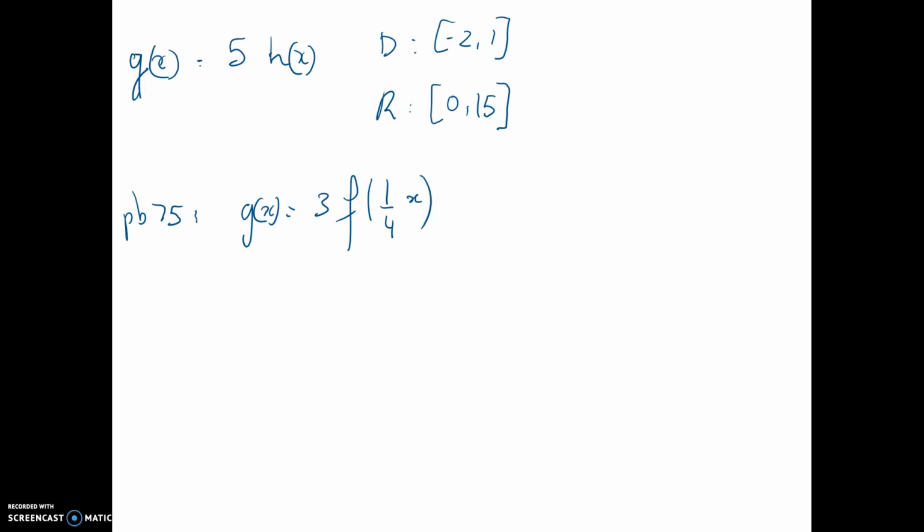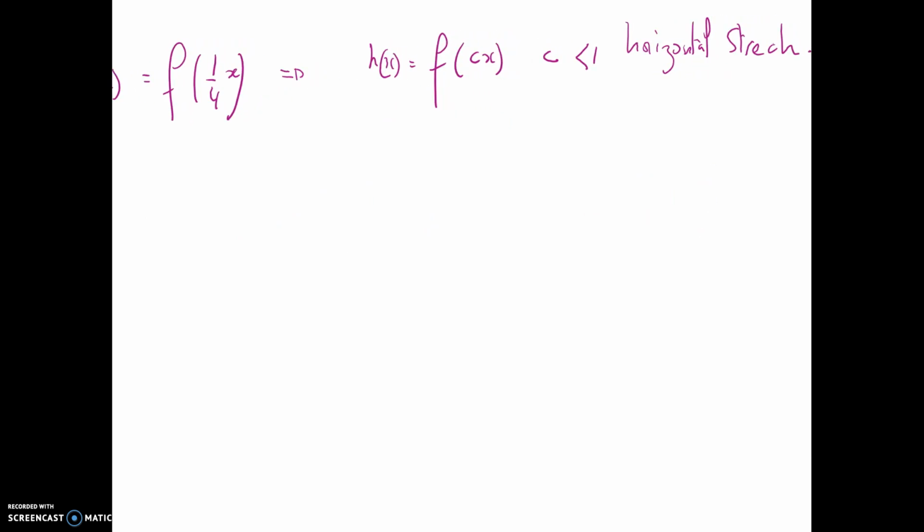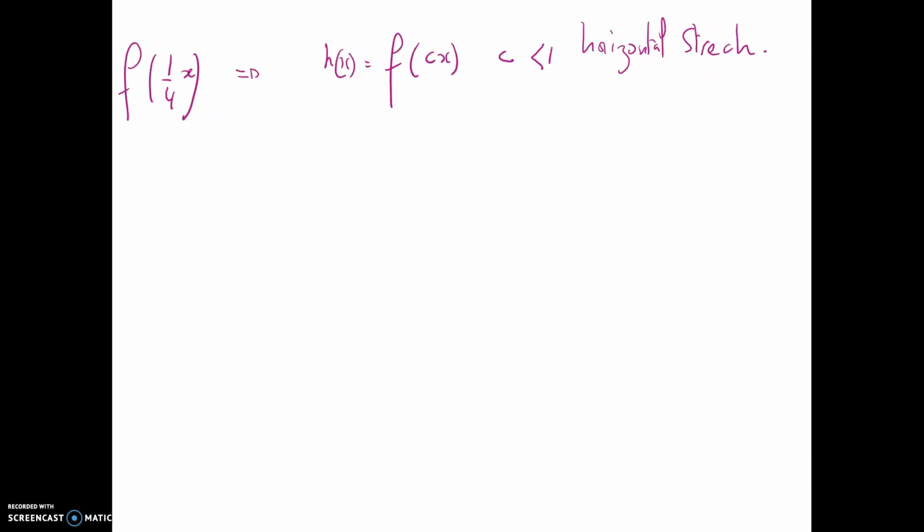So what we are able to say is that if I call the function h of x equal f of 1/4 of x, I can clearly realize that h of x is equal to a function f of c x with c less than 1, and that means it's a horizontal stretch.